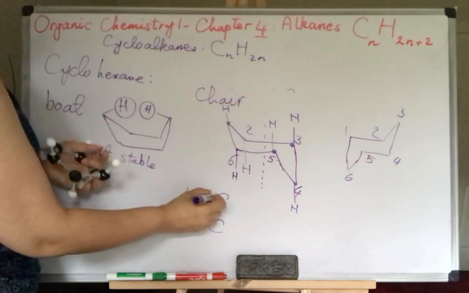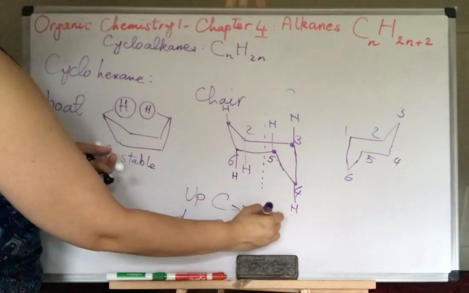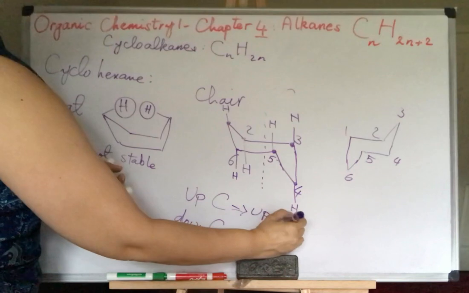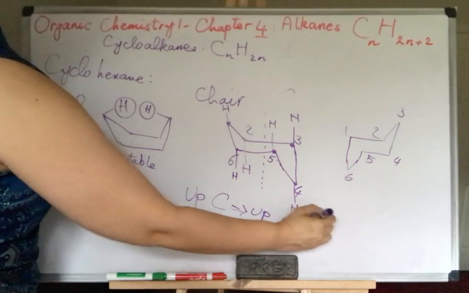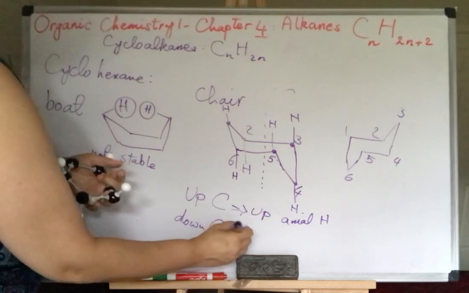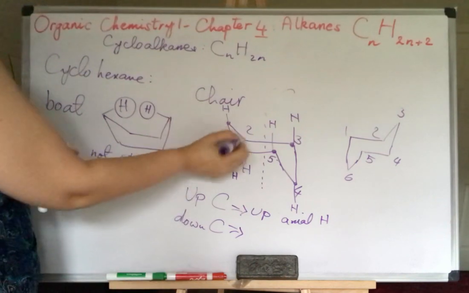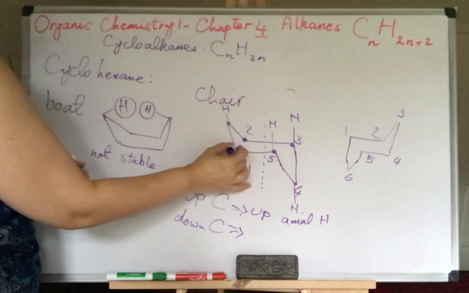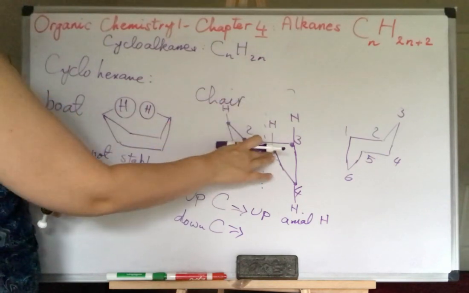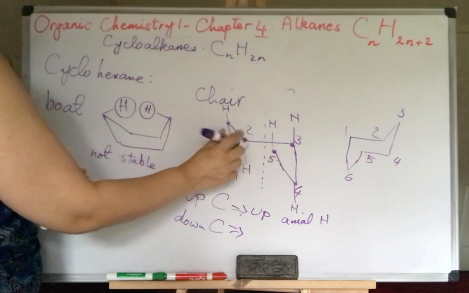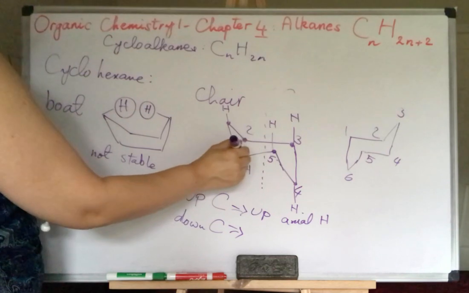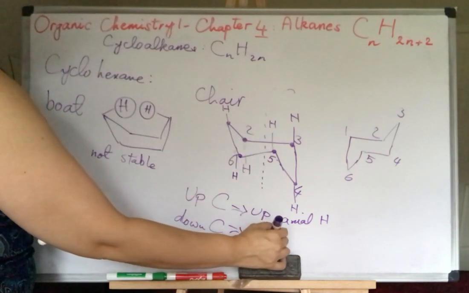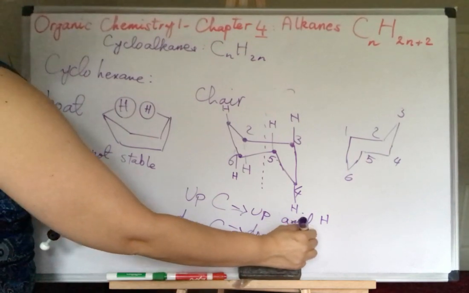So for up carbons, you have up hydrogens, up axial hydrogens. Look at the down. Down is 2, 4, and 6. It looks like they're all towards the bottom of the molecule. So down carbons have down axial hydrogens.